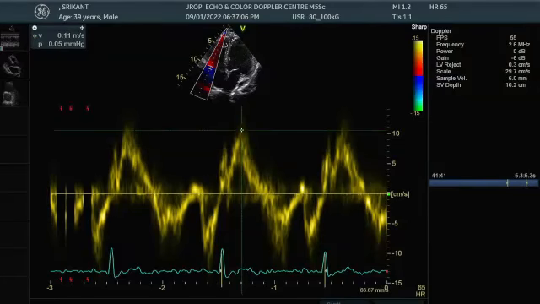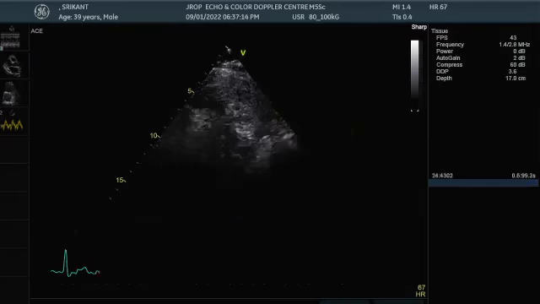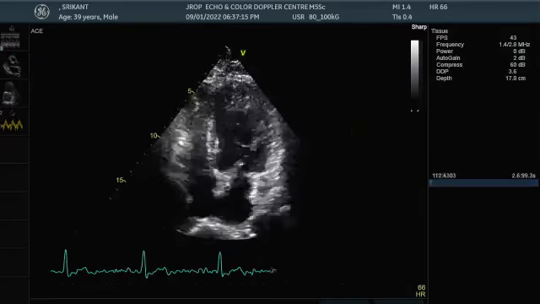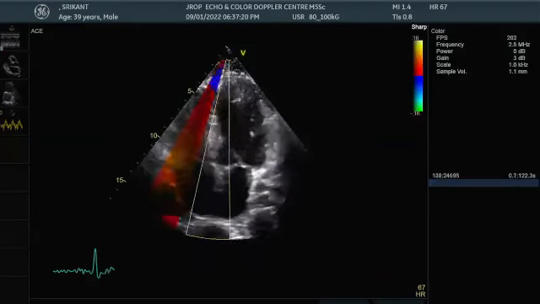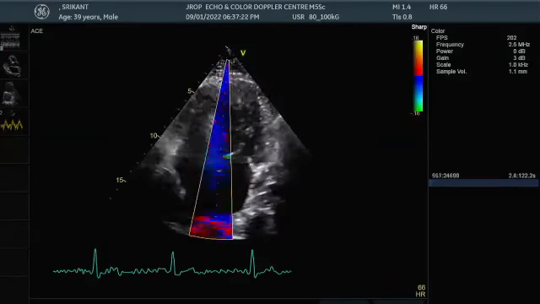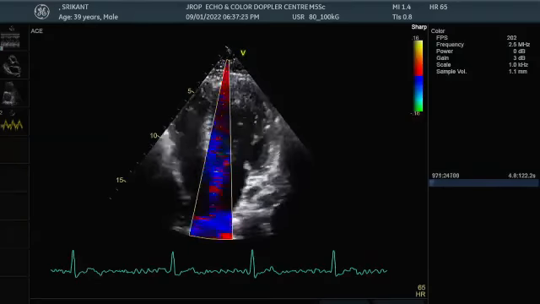So I've got a tissue velocity imaging of RV free wall, 11. Anything more than 9.5 is considered normal. Similarly, I can get a TDI velocity across septum as well as lateral wall.